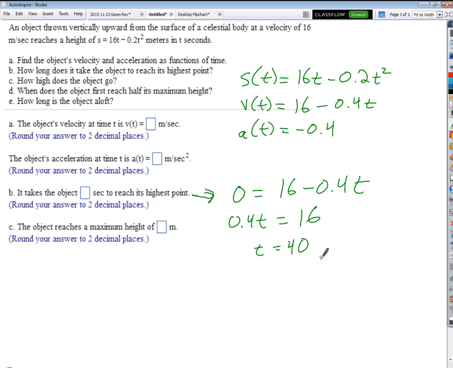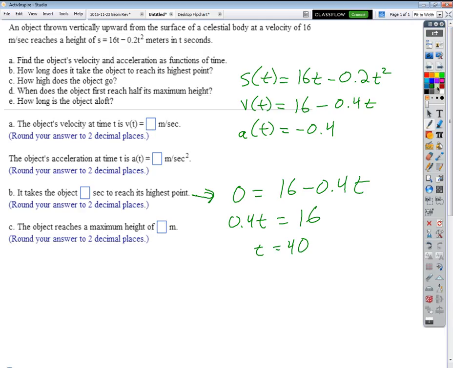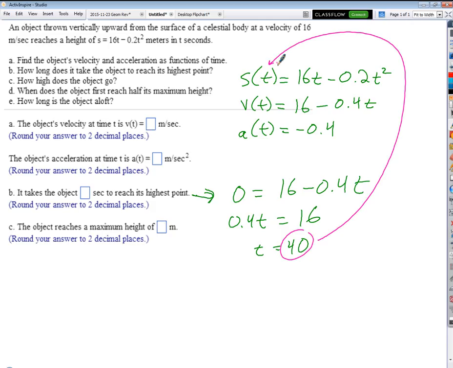Then for part C, they want to know how high it actually goes. So where would I go to find out? Into the position or the height function, right? So now we know that if t equals 40, and I want to know how high it actually goes, I just substitute that in.